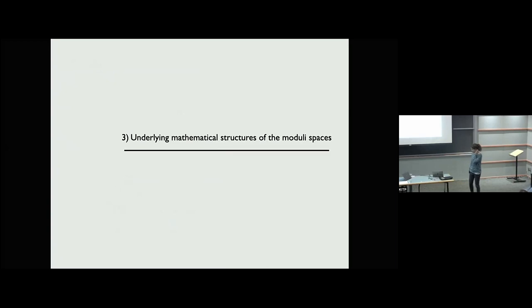In the last three minutes, I want to tell you just two things that will hopefully be quick. One is about some mathematical structure, so I'll just put some open question, and then if I have time, otherwise I will skip it, how to think about the distance between theories.